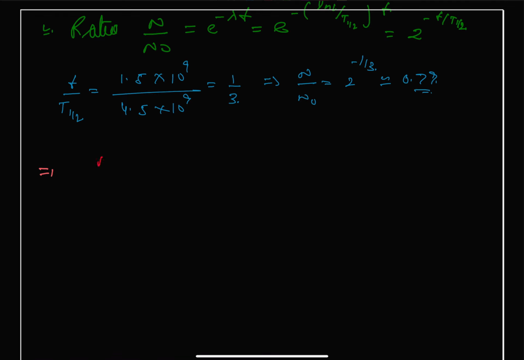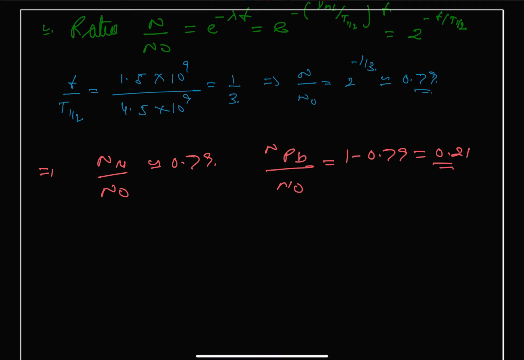Nu upon N naught is approximately 0.79. Therefore Npb upon N naught will be equal to 1 minus 0.79, which comes as 0.21.